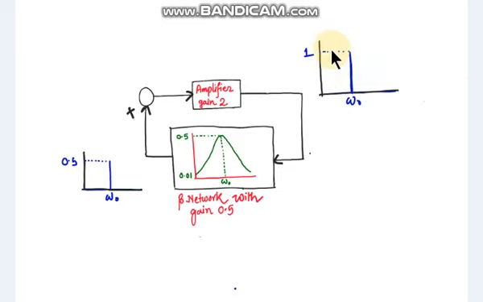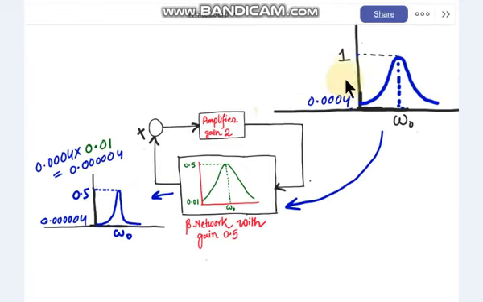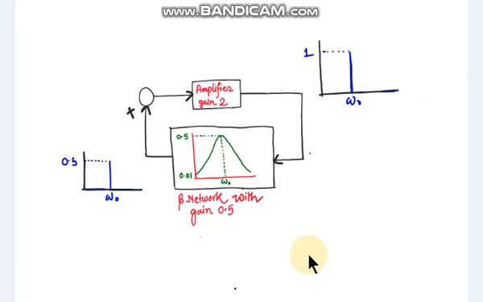Here it will have the amplitude 1, and here the amplitude will be 0.5, and the other components will be 0. And this circulation of the spectrum is so fast that you will get the pure sinusoidal signal at the output of the amplifier within a fraction of a second. So this is how we get the pure sinusoidal signal of frequency omega naught from the loop.